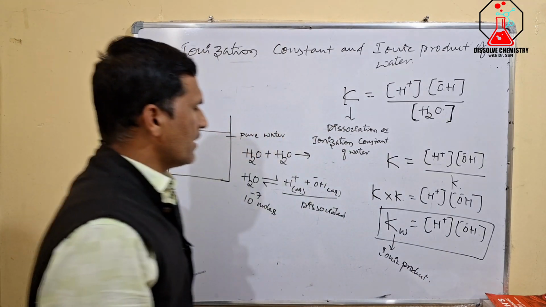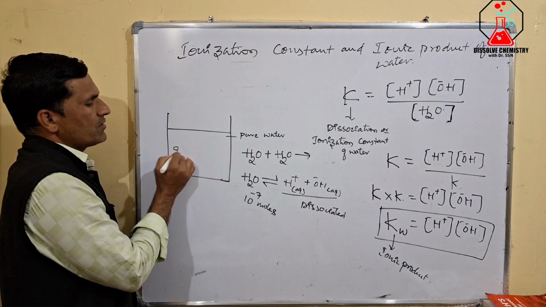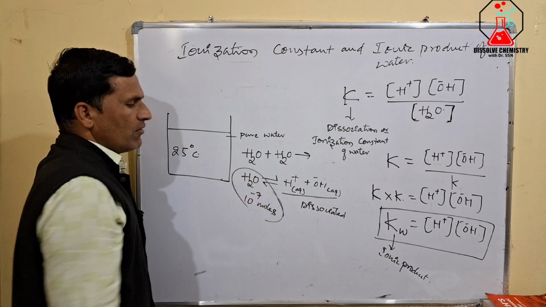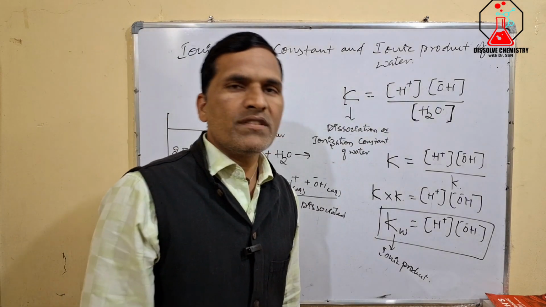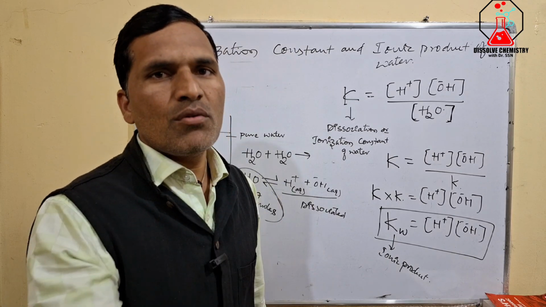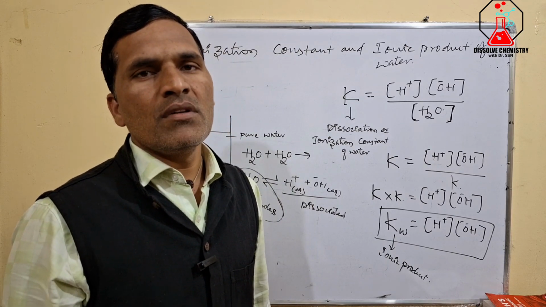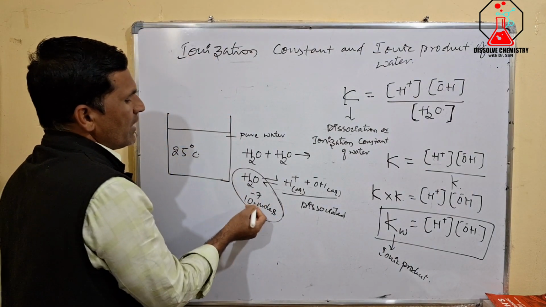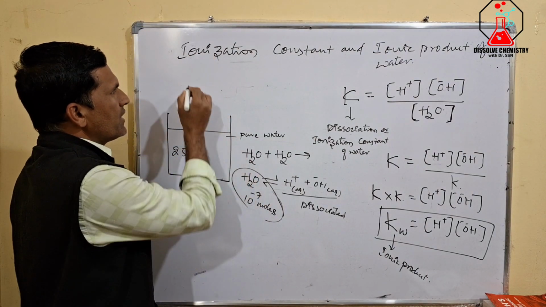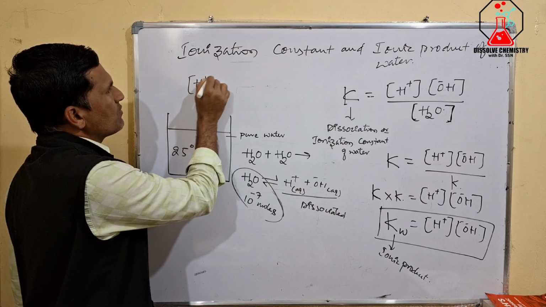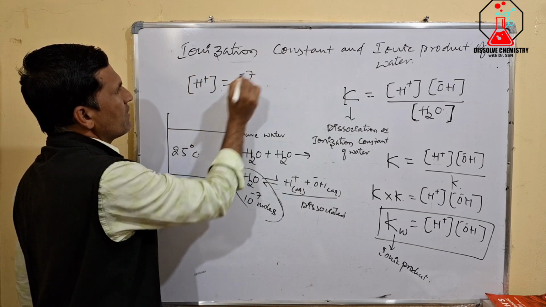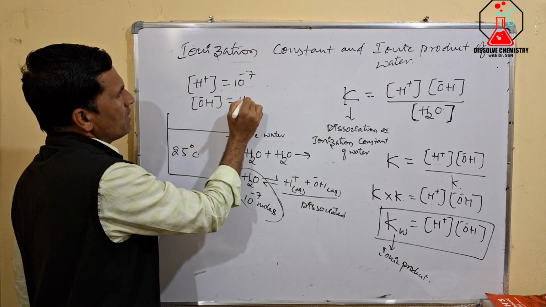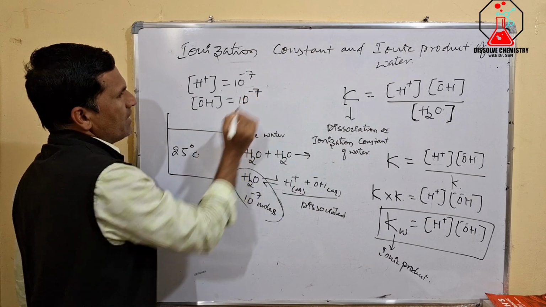Ionic product of the water at normal temperature, that is 25 degrees Celsius. As I said, 10 to the power minus 7 moles of water molecules remain in dissociated form per liter. Okay, so therefore, when 10 to the power minus 7 moles of water are dissociating, the concentration of H plus is equal to 10 to the power minus 7, and the concentration of the OH minus ion will obviously be 10 to the power minus 7.